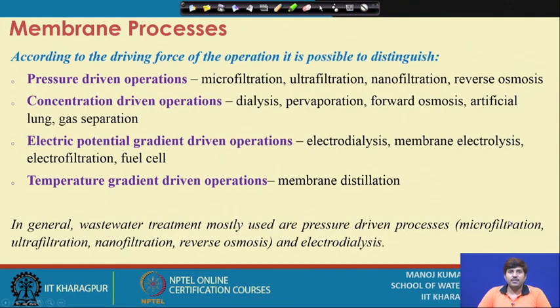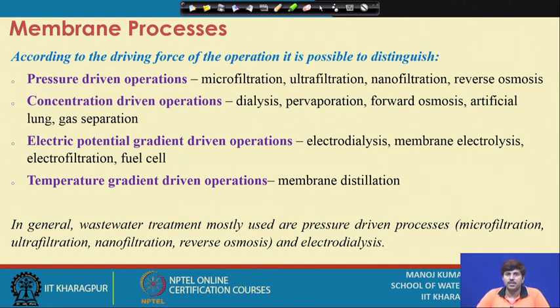There are various driving forces for the operation of membranes. There are pressure driven operations, which are microfiltration, ultrafiltration, nanofiltration and reverse osmosis. There are concentration driven membranes in the form of dialysis, forward osmosis, artificial lung, and so on. There are electrical potential gradient driven operations in the form of electrodialysis or membrane electrolysis, and there are temperature driven ones.